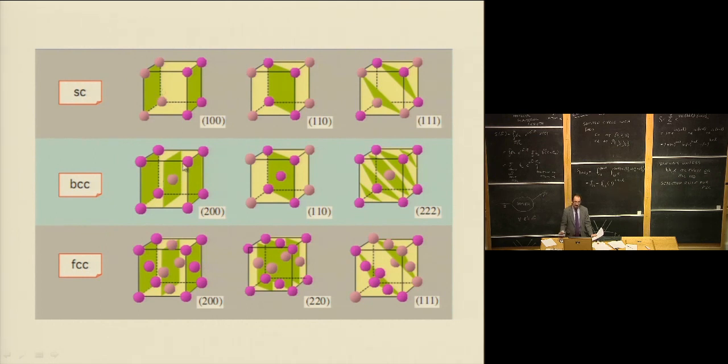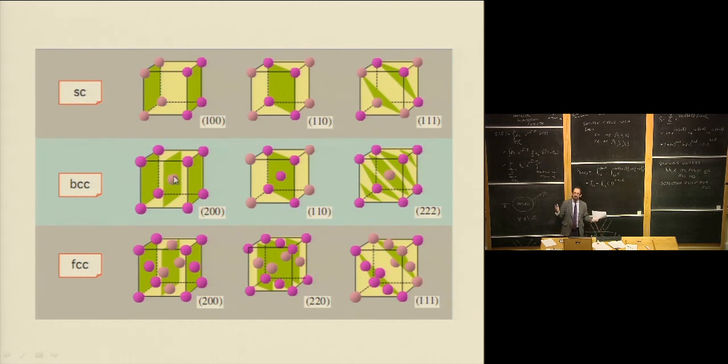If I tried to use that 1, 0, 0 for BCC, it would not be a family of lattice planes because you would miss the point in the center of the conventional unit cell. You have to go up to 2, 0, 0 in order to get the extra plane in the middle, a smaller plane spacing, in order to catch that additional lattice point in the middle of the conventional unit cell.